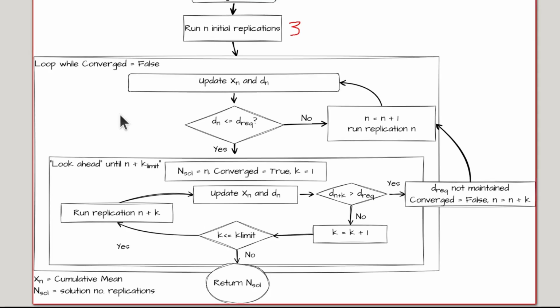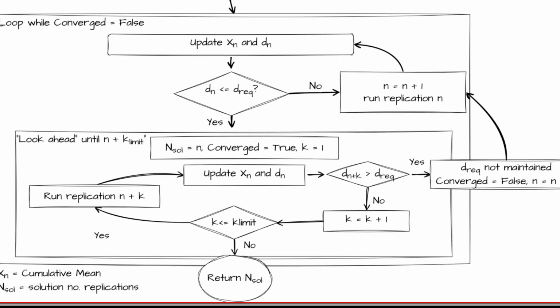So it all takes place in a big while loop. Effectively, while converged equals false, we're going to run this code. The first thing we do is we calculate our cumulative mean, which I'm calling xn here, and check what precision has been achieved after those n replications. We'll make a decision here about have we achieved that or not.